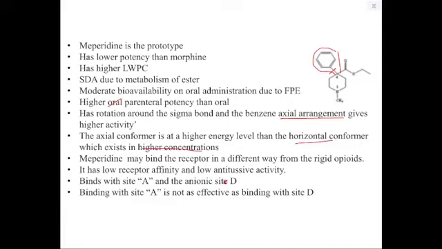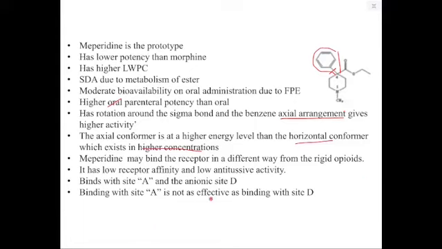It binds with the A site and the anionic site D because, of course, it has that anionic site. It is not able to bind very well with the B and C sites on the morphine receptor.